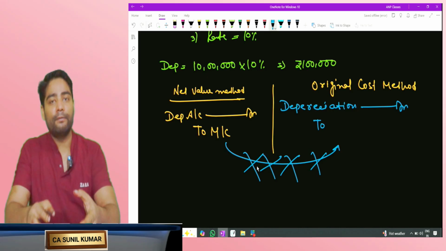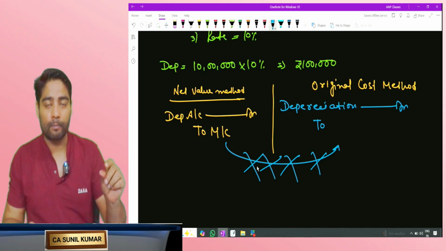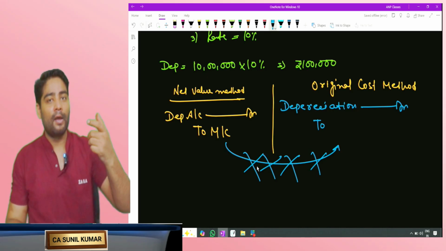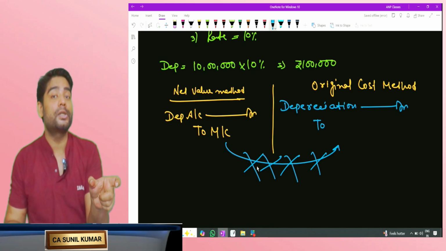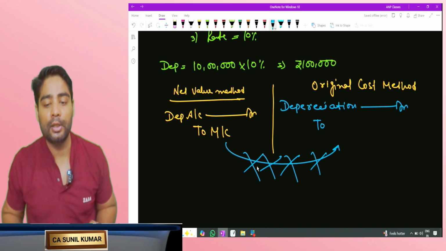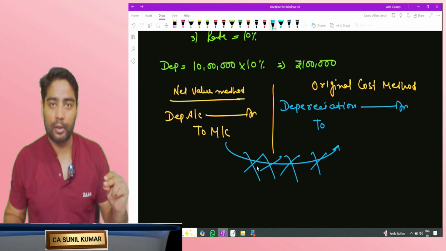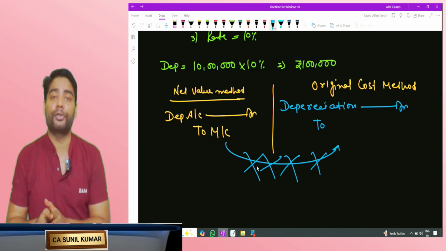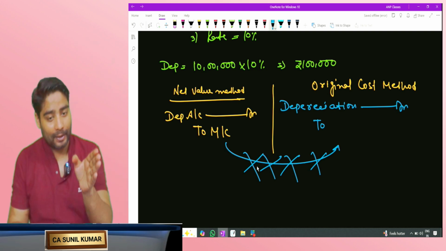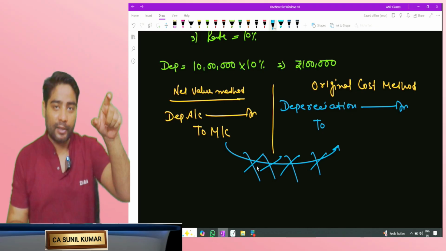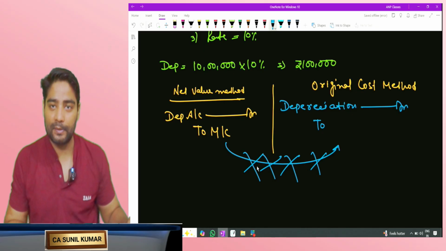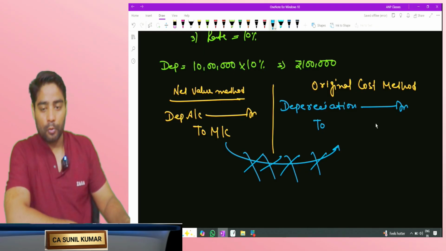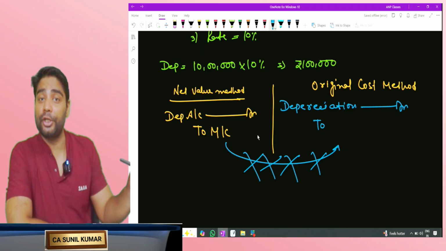Why? Because if we credit the machinery account, we are reducing the value of the asset by the depreciation value. So we will not credit the machinery account here.